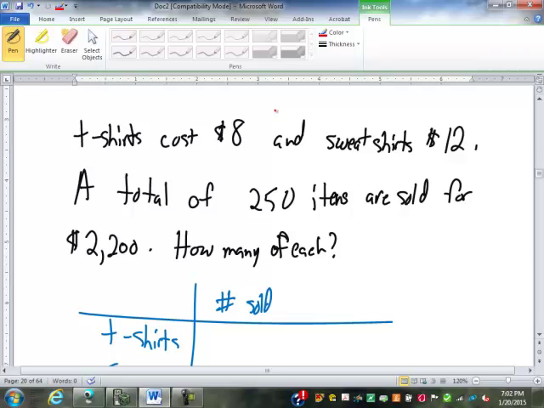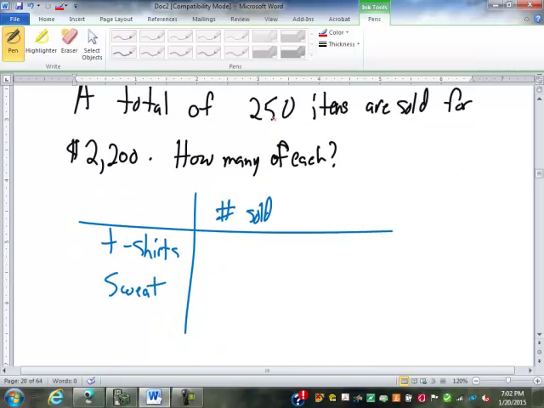It just says total of 250 of them. What that means is one is referenced off the other. It just doesn't tell us which one is which. Truth, it doesn't matter. We can do whichever way we want to. So here we can pick either the number of t-shirts or the number of sweatshirts to be X. Which one do we want to pick?